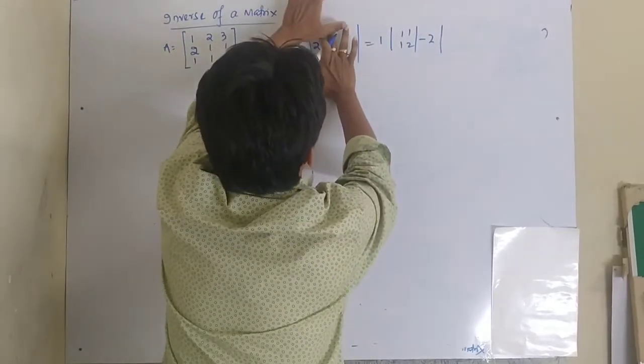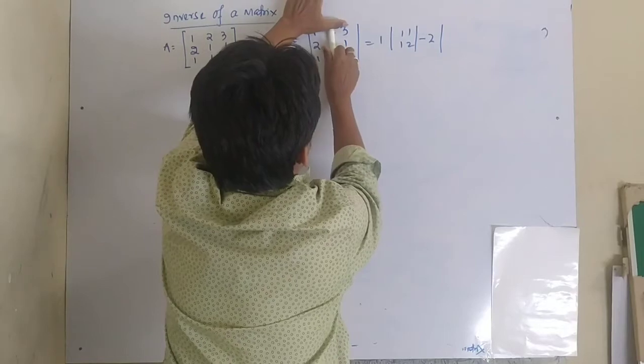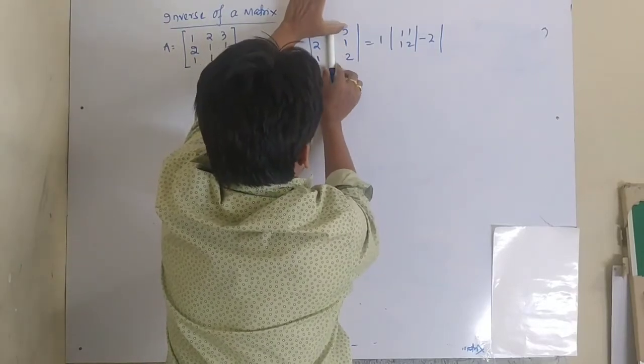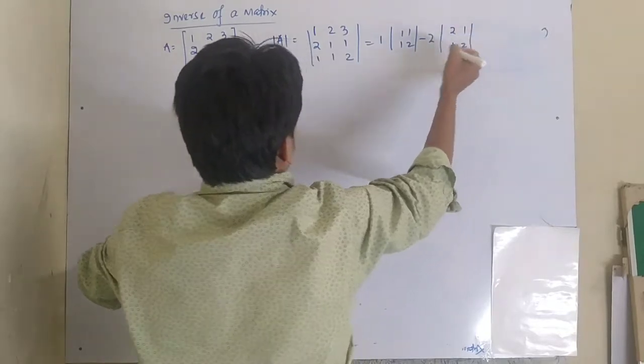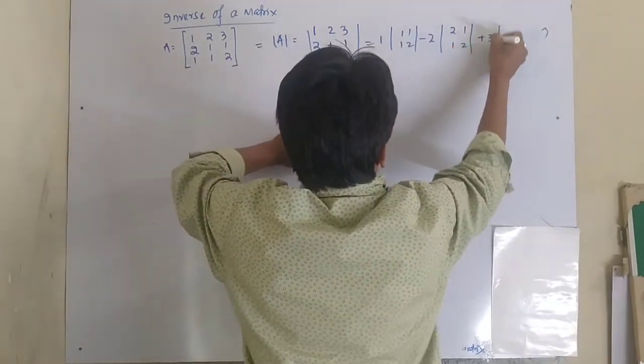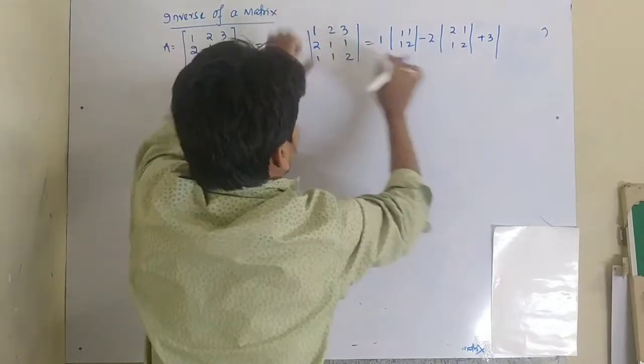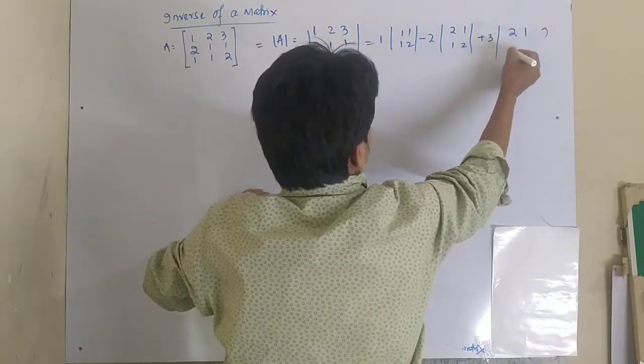You have to forget this row, that means 2 1 1 2. Then plus 3, that is 2 1 1 1.